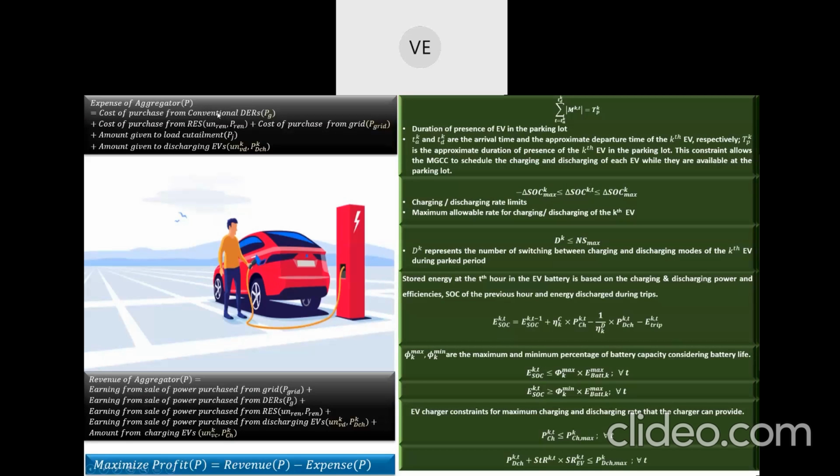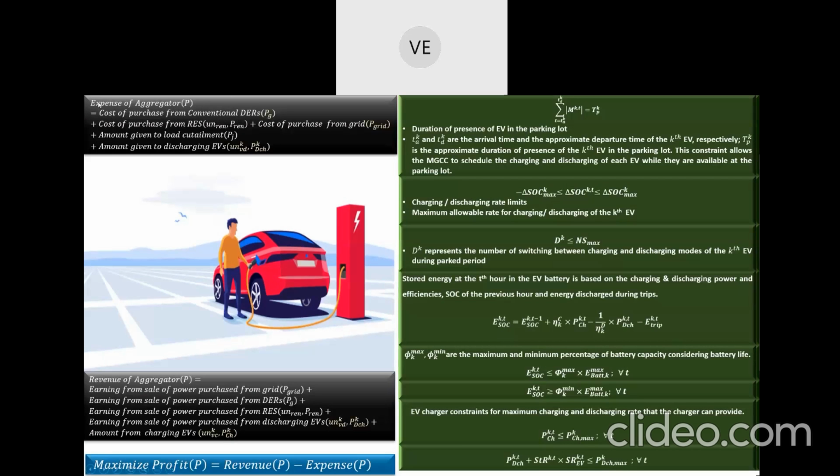So based on that, he might have set a price for his power output. This is given to the aggregator and he purchases power from the diesel generator. Similarly, all conventional DERs have submitted a bid to the third party. Based on that, there is a cost for the aggregator.